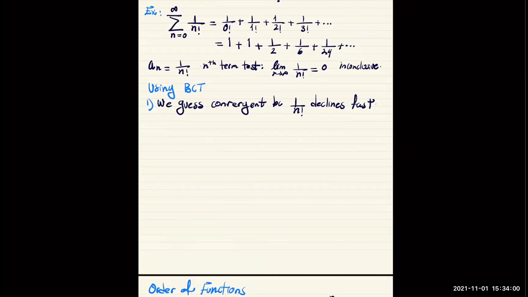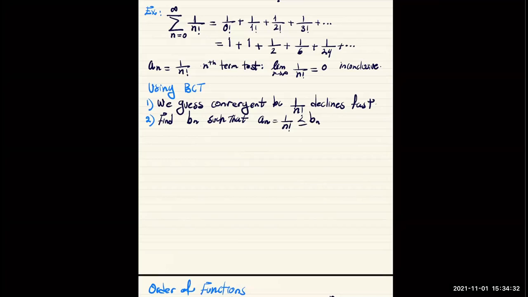And again, the unfortunate thing about the basic comparison is the guessing part that we don't like. The second part is you finding the proper sequence. So here we're going to find a sequence b sub n such that a sub n, which is 1 over n factorial, is less than this b sub n.